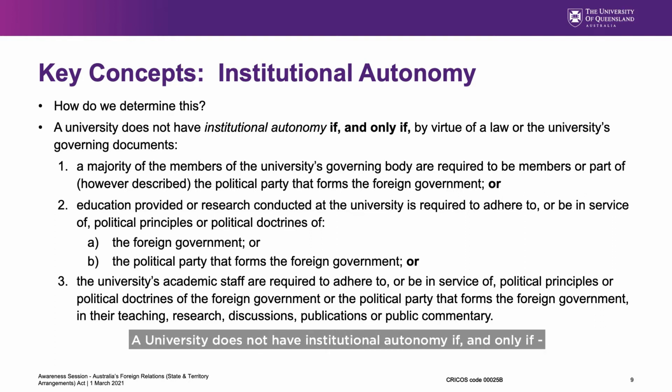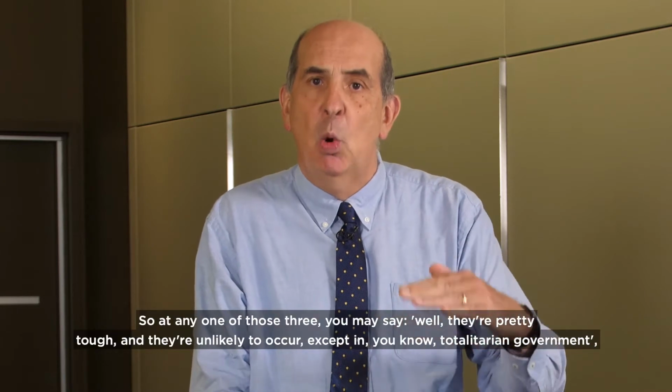A university does not have institutional autonomy if and only if, by virtue of a law or the university's governing documents, firstly, a majority of the members of the university's governing body are required to be members or part of the political party that forms the foreign government, or education provided or research conducted at the university is required to adhere to or be in service of political principles or political doctrines of the foreign country, or the political party that forms the foreign government, or the university's academic staff are required to adhere to or be in service of political principles or political doctrines of the foreign government or the political party that forms the foreign government in their teaching, research, discussions, publications or public commentary. So it's any one of those three.